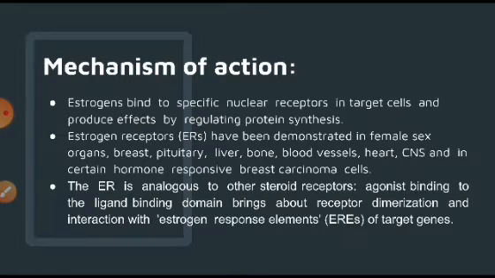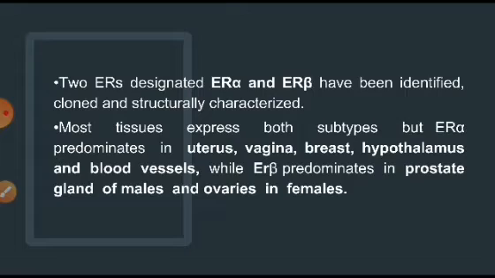The receptor dimerization, and interaction with the estrogen response elements of target genes. Two receptors designated as ER alpha and ER beta have been identified, cloned, and structurally characterized. Most tissues express both subtypes, but ER alpha predominates in uterus, vagina, breast, hypothalamus, and blood vessels, while ER beta predominates in prostate gland of males and ovaries in females.